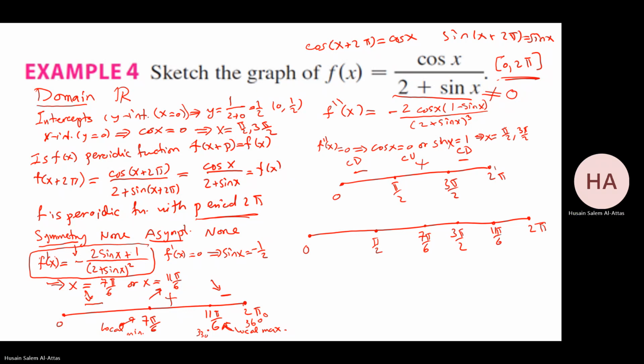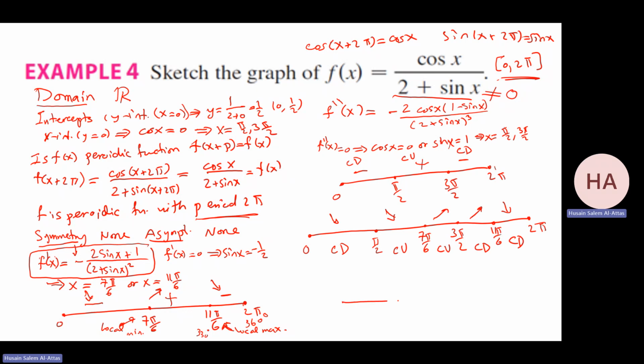Decreasing all the way until 7 pi over 6, then it will increase until 11 pi over 6, then it will decrease again. And it's concave down here, concave up, and then concave down, concave down.